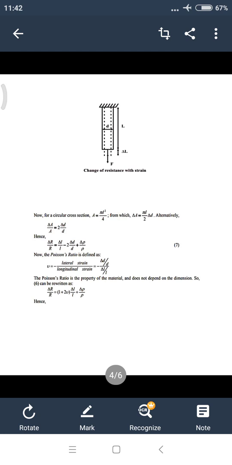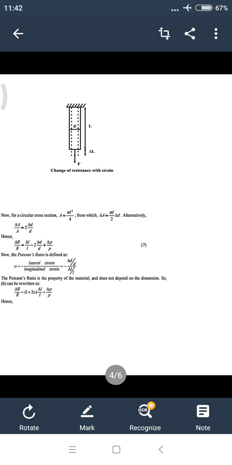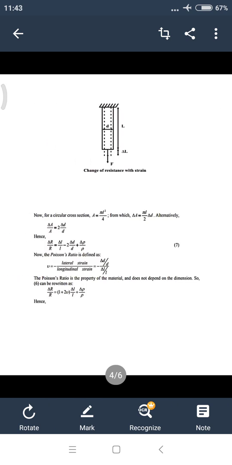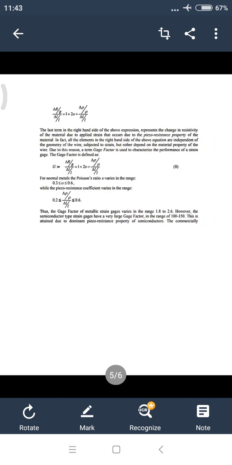The Poisson ratio is a property of the material that does not depend upon dimensions, so it can be written as delta R by R equals 1 plus 2V times delta L by L plus delta rho by rho. Then taking out delta L by L, we finally get delta R by R over delta L by L equals 1 plus 2V plus delta rho by rho over delta L by L.